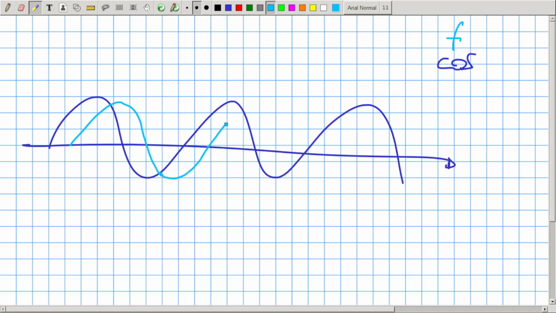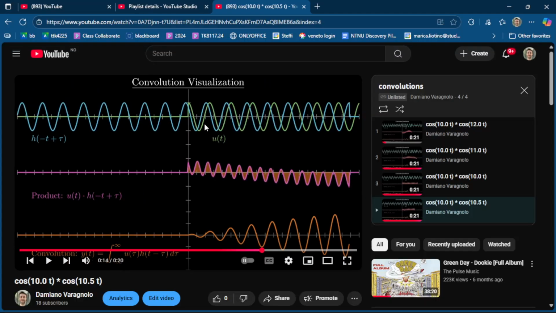True? Are we together? If the shift is not 90 degrees, if I do the product of those two, what do I get? I get something that looks like this one. Let me show you.